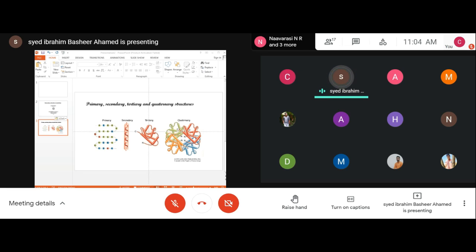So the primary structure is very important and gives us very useful information. How do we derive all this information? Because we know the sequence of the human genome, we compare each sequence one to one, so we know the function of each protein.